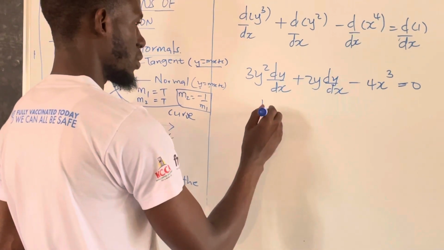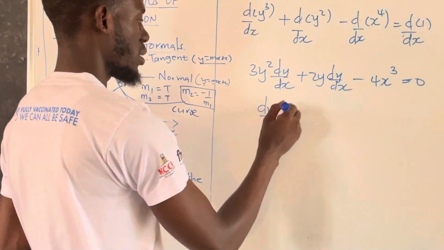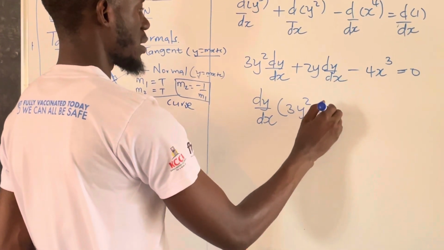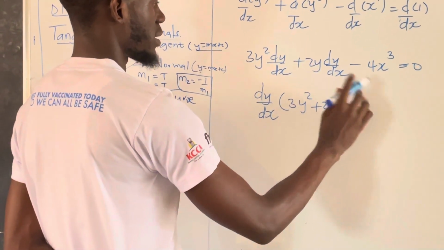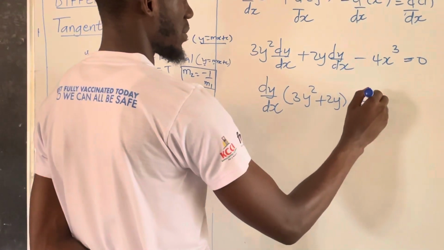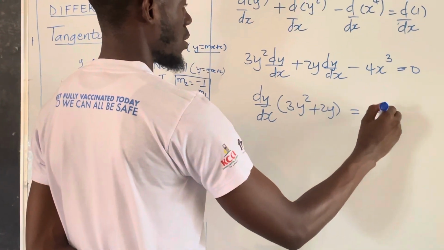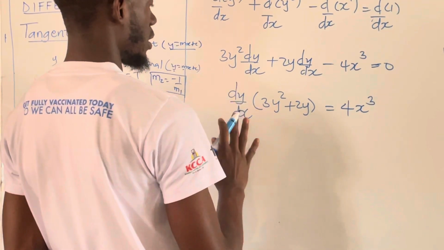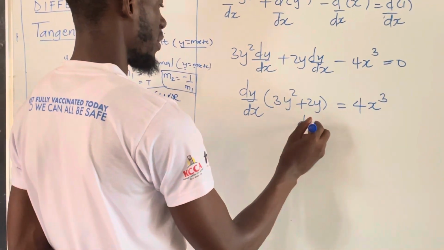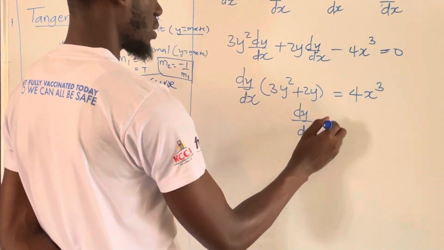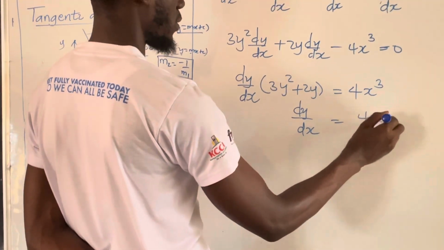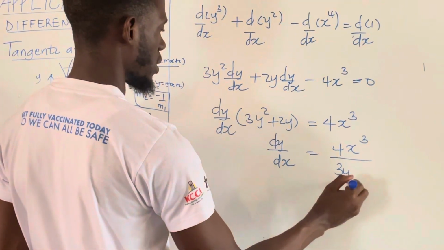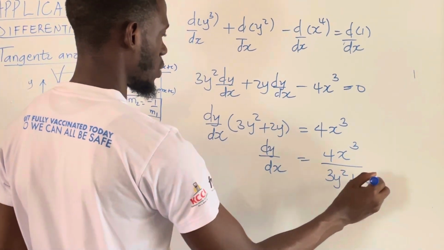I can get the dy/dx factored out, and we stay with 3y squared plus 2y, and I take the negative 4x cubed to the other side, so it becomes a positive 4x cubed. Then I want to get dy/dx. Therefore, my dy/dx is going to be 4x cubed, all of this divided by 3y squared plus 2y.